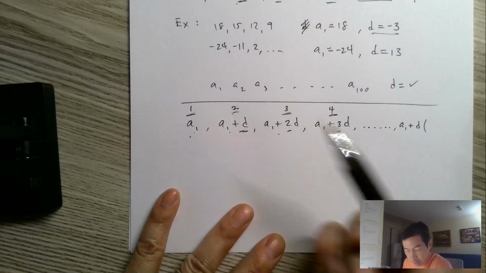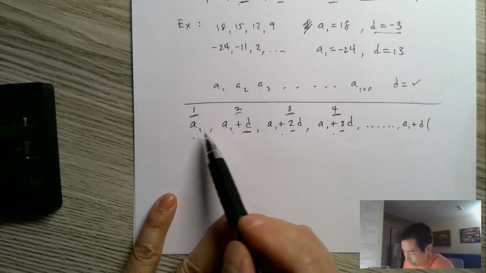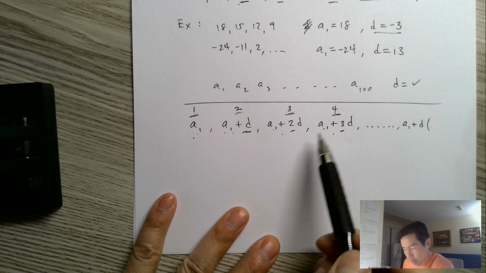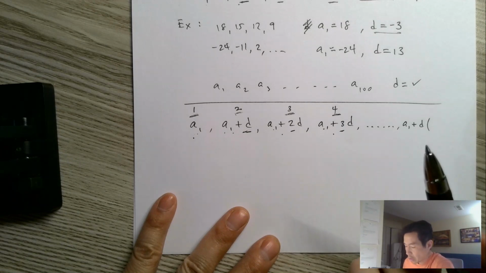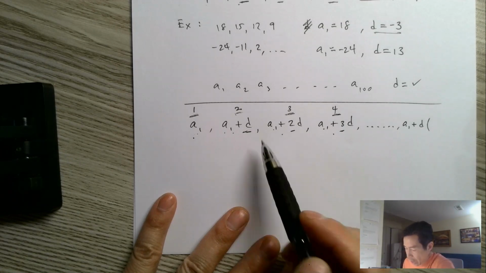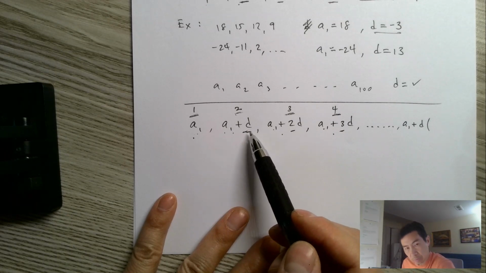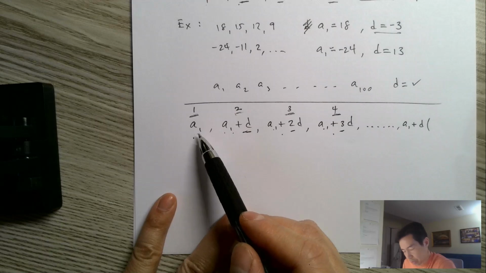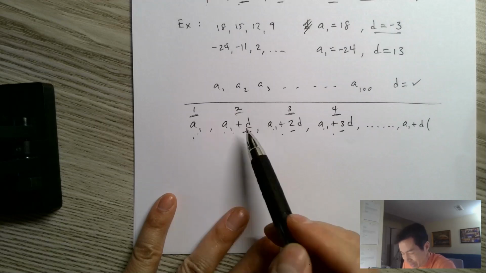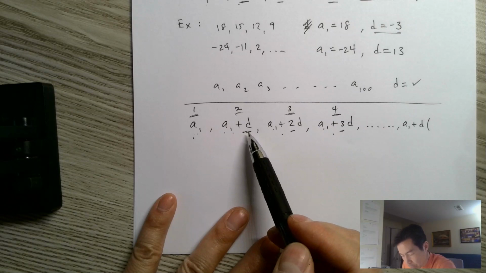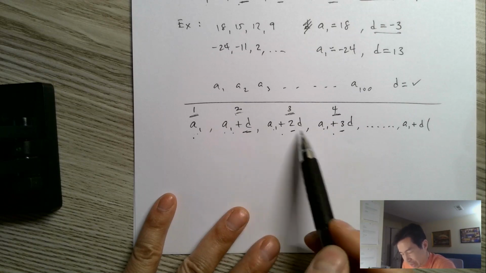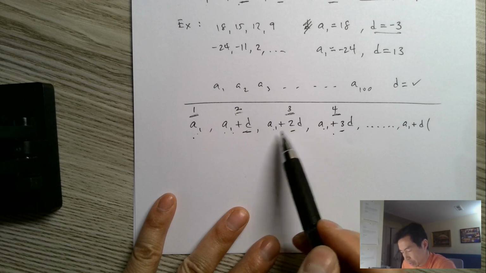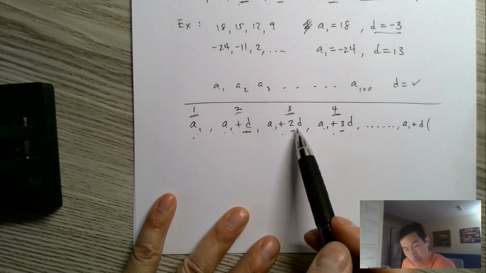And that should make sense because in each term you already have a sub 1, right? A sub 1 is part of the composition, the DNA of each term, and you're adding to that a certain number of d's. The first term doesn't have a d to it because the first term is just a sub 1. The d's don't start until the second term, so the first d is in the second term. The second d, or the two d's that are added to a sub 1, are in the third term, and so on.